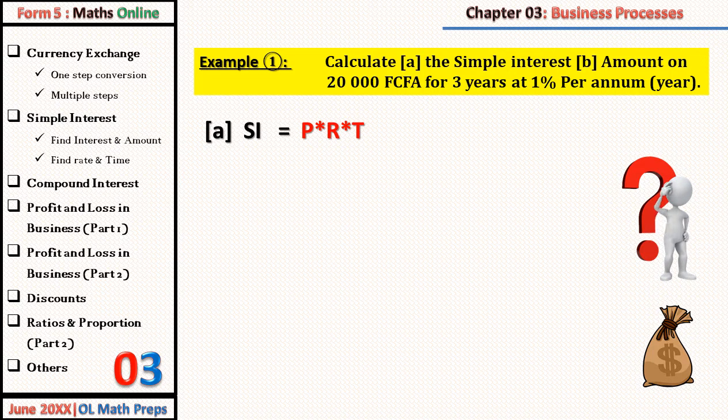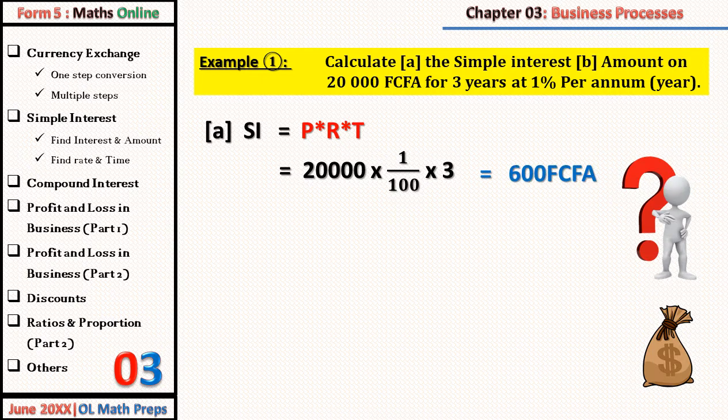Note, do not put divided by 100 for rate, because rate is already a percentage. That simplification is done in elementary education because of their level and for simplicity. Do not do that in secondary and high school. So this gives us 20,000 times the rate, 1%, that is 1 over 100, times 3, and that is equal to 600 FCFA.